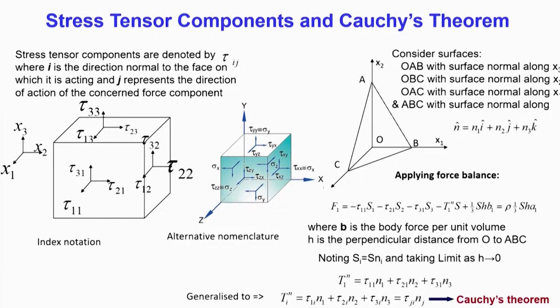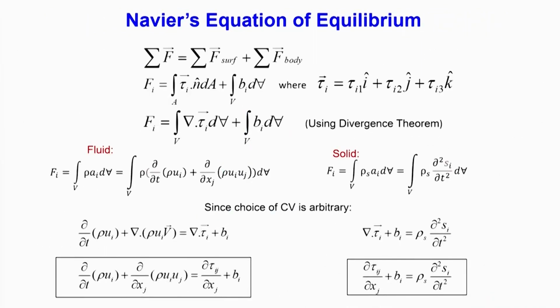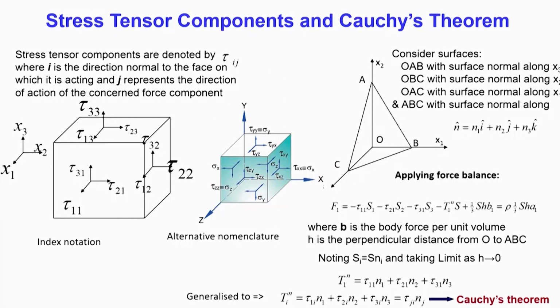Instead of 1, if you have i as a subscript, for the ith direction you have Ti is tau 1i n1 plus tau 2i n2 plus tau 3i n3.